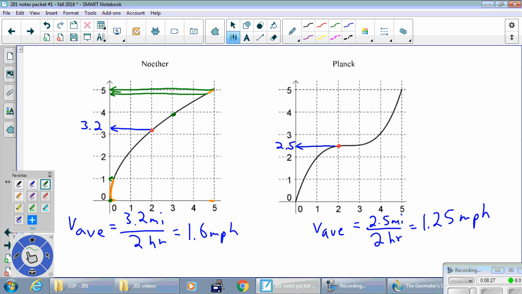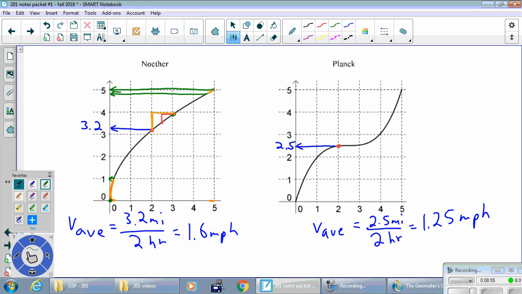Okay, so what we could do is take a look at her average velocity between, for example, T equals 3 and T equals 2. We could just calculate the average velocity there. Or we could calculate the average velocity between, say, T equals 3 and T equals 2.5, a smaller window, and that would give us a more accurate answer.